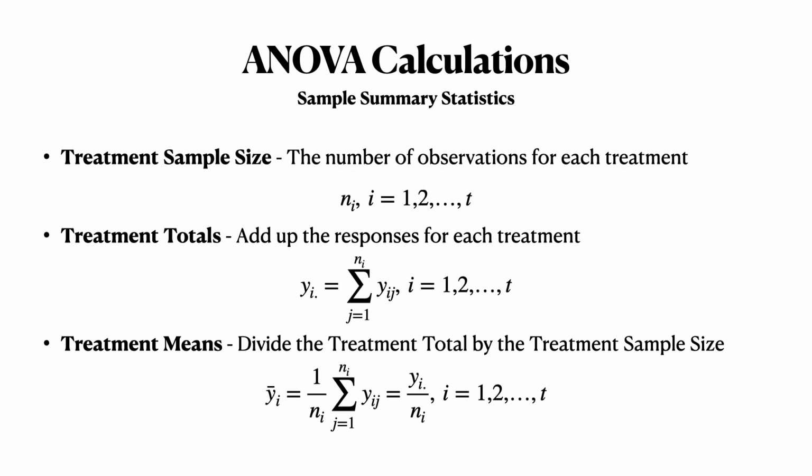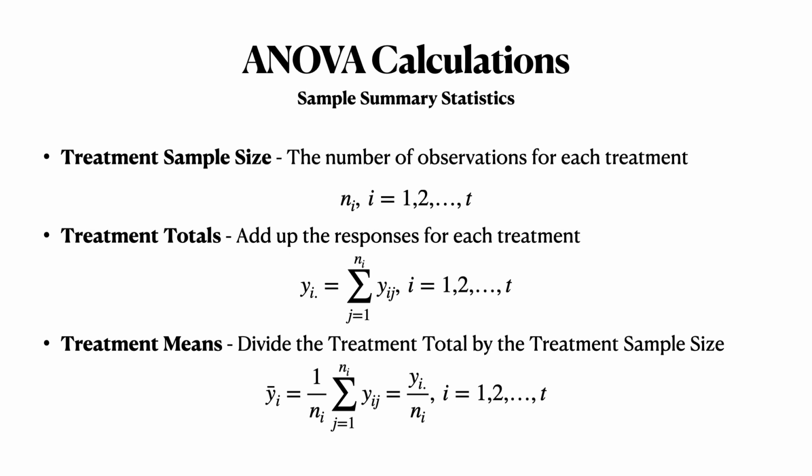We also need the treatment means. To get these treatment means, we divide the treatment total, which we just saw how to calculate, by the treatment sample size. And so the treatment mean for the ith treatment, the ith sample treatment mean, is y bar sub i, and that's equal to 1 over the ith sample size, so 1 over n sub i, times the sum j going from 1 to n sub i of y sub ij.